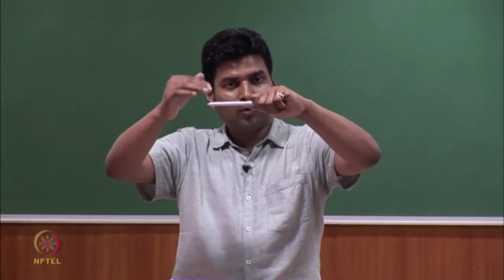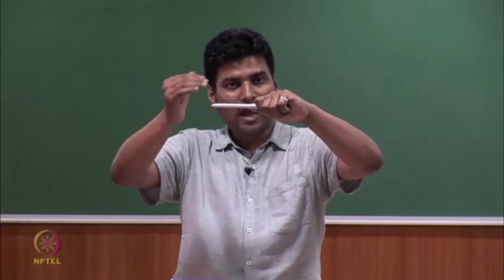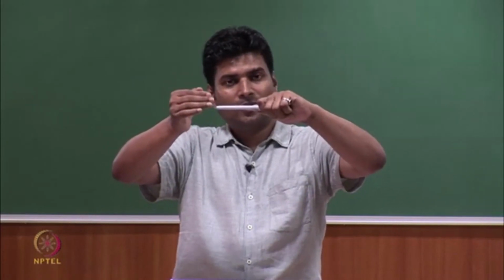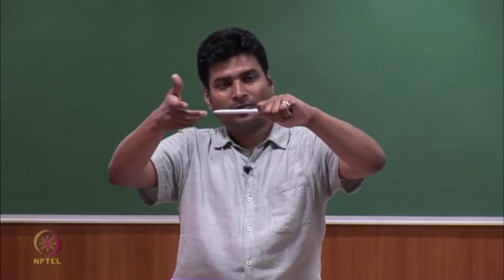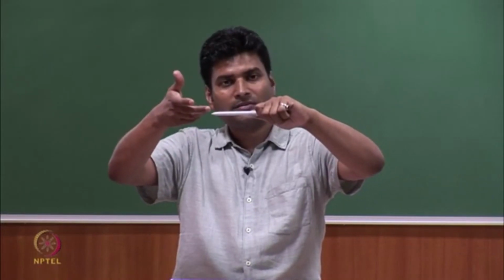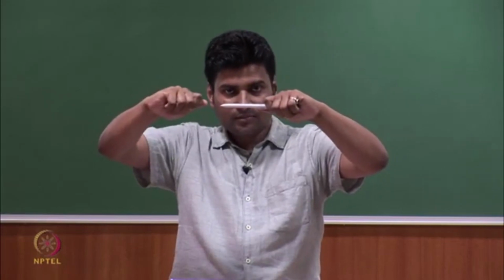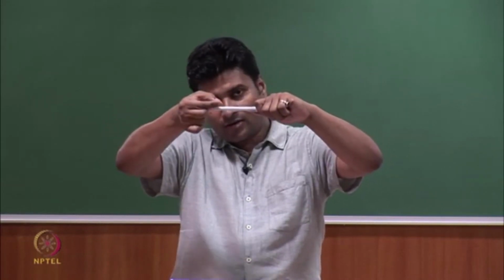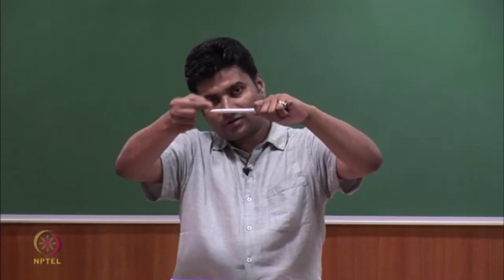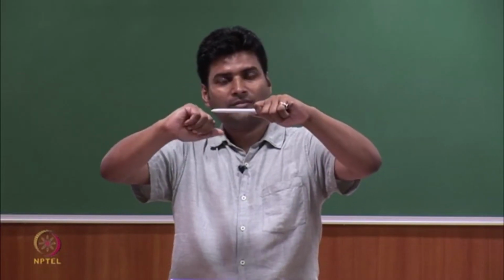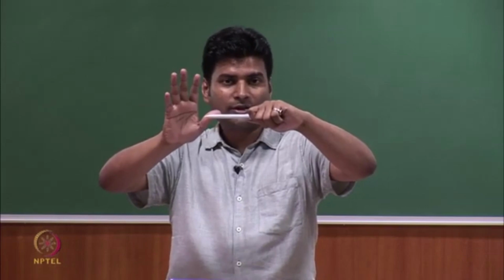So, there will be both u r and u z, but what about u theta? Will there be some u theta? We are simply stretching it. Can a point change its theta coordinate? That is not really possible.